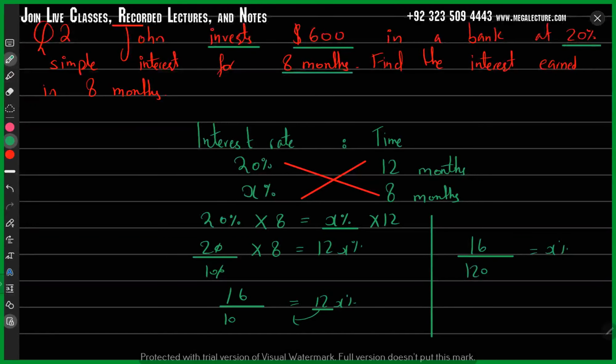And let's just calculate the percentage. 0.13 equals x%. I'll take that 100 on that side, and this would give me x is equal to 13%. This means that the interest rate for 8 months is going to be 13%. So I need to find 13% of the amount.